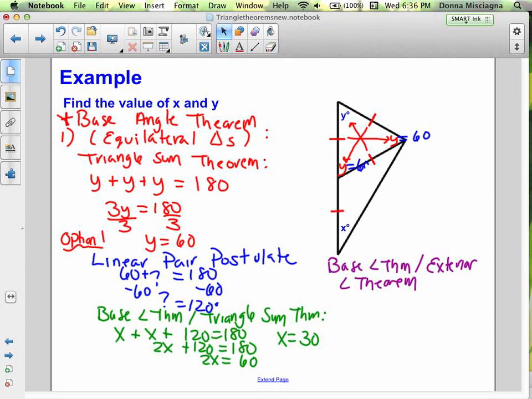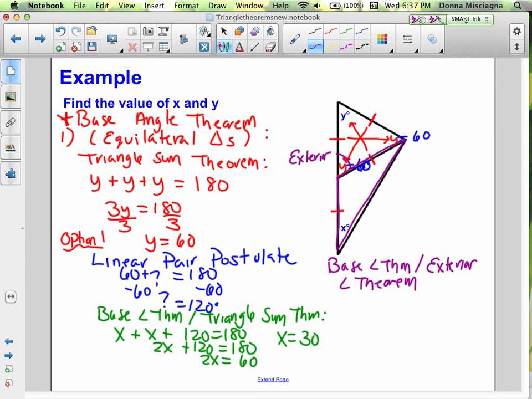I'm not going to erase the writing, just the stuff in the triangle. All right, so we have this triangle here is 60 degrees. That is an exterior angle to this triangle. I'll outline it. This angle here is an exterior angle. It's outside that purple triangle.